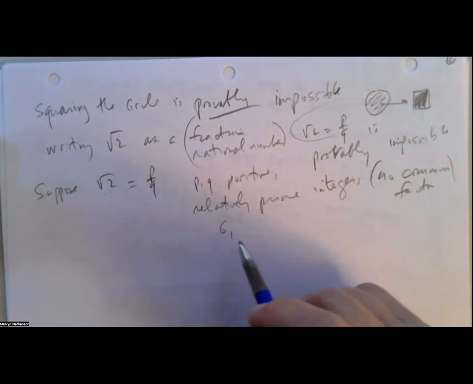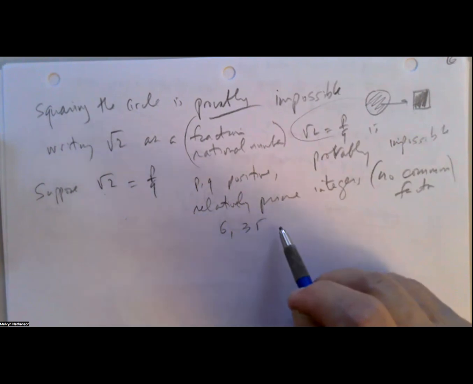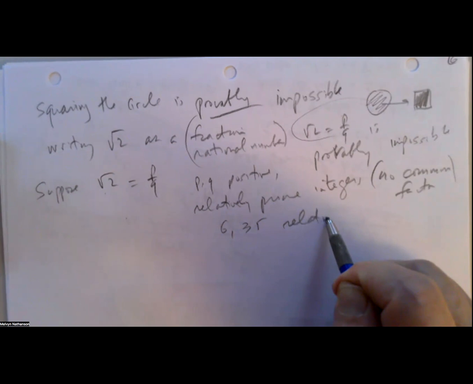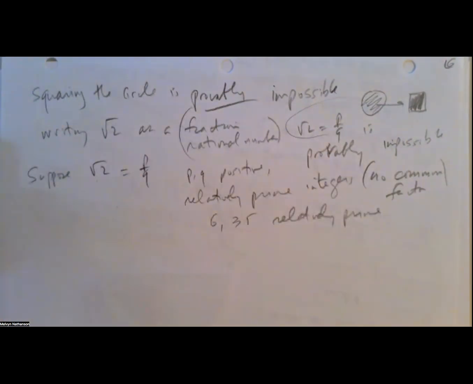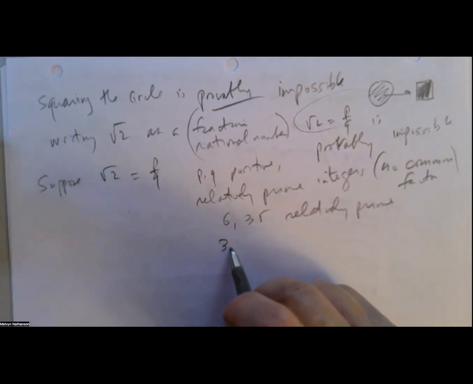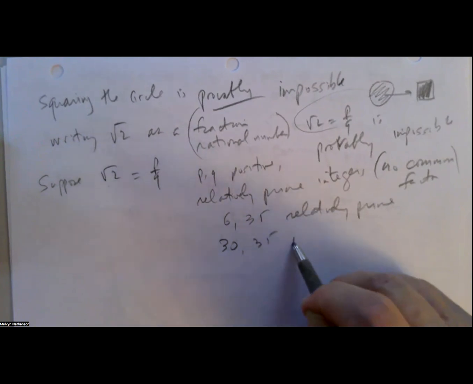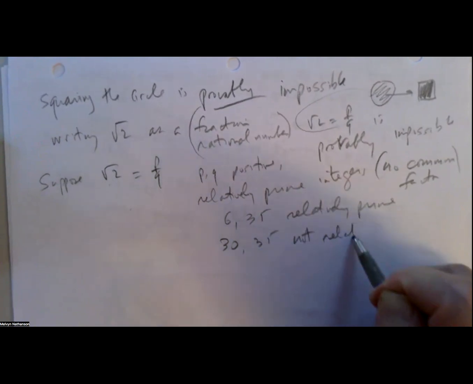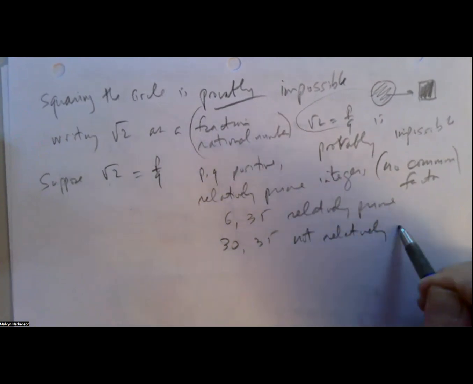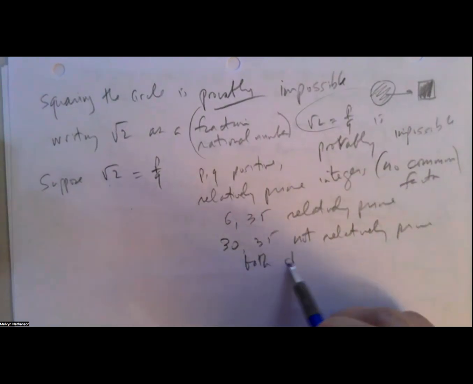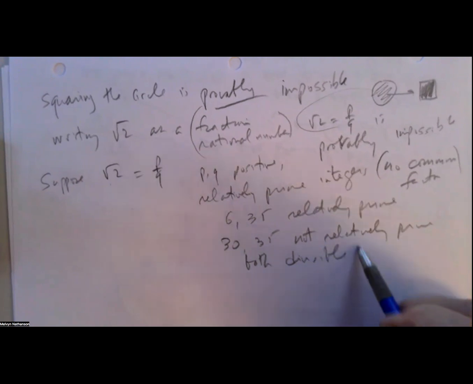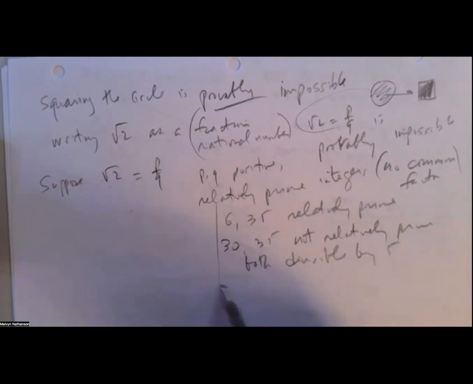So 6 and 35 are relatively prime. They have no common factor. 30 and 35 are not relatively prime because both are divisible by the number 5.